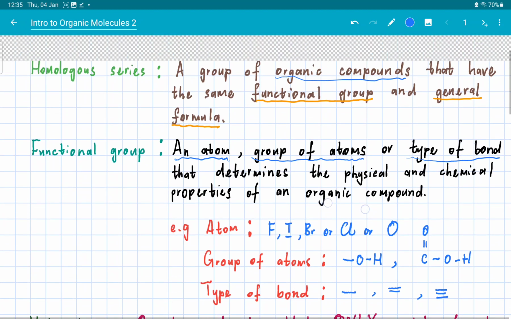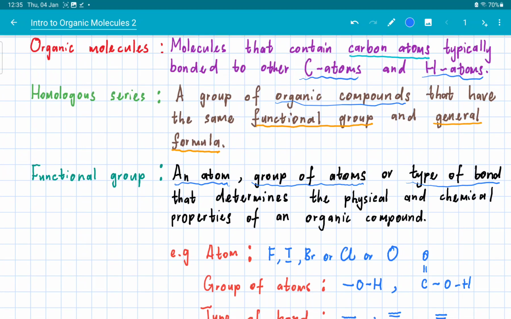Now, to understand the functional group, think of a plant cell. A plant cell has a cell wall, and the cell wall functions as part of that plant cell. Also the vacuole and chlorophyll belong under a plant cell.